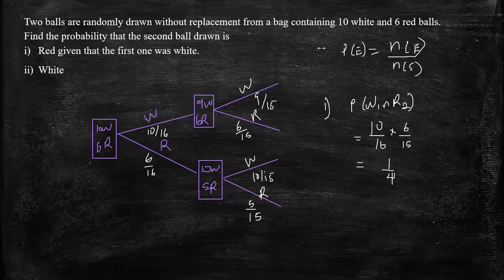Okay, so we proceed to Roman 2. We are requested to find the probability that the second ball is white. So we are going to pick the probability of W1 intersection W2, plus R1 intersection W2.